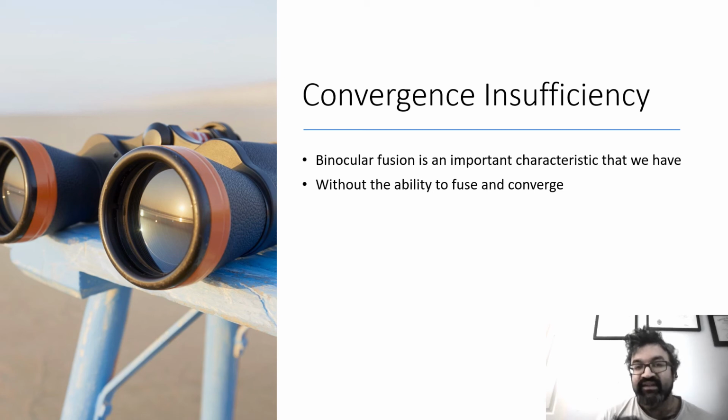How that convergence takes place with the visual outputs from the brain is called binocular fusion, and it's an important characteristic that we have. Without the ability to fuse and converge, you don't get the full visual.